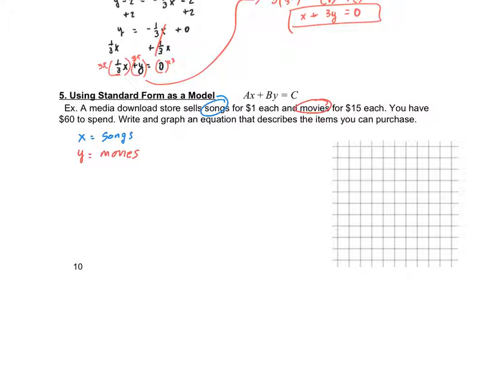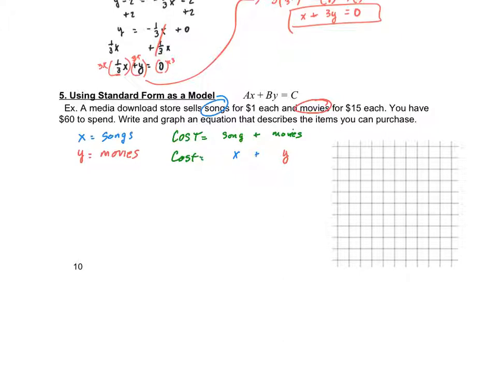And then I know that I'm going to have the cost. The cost is going to be equal to the cost of the songs plus the cost of the movies. And I know that the song is, we just said, going to be x, plus the movies. And how much is each one of those movies going to cost?